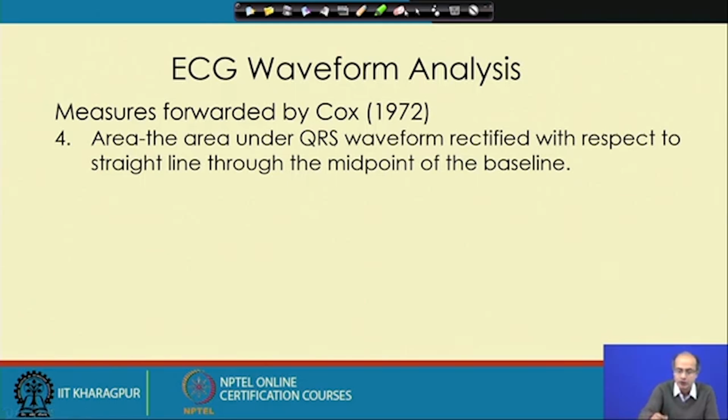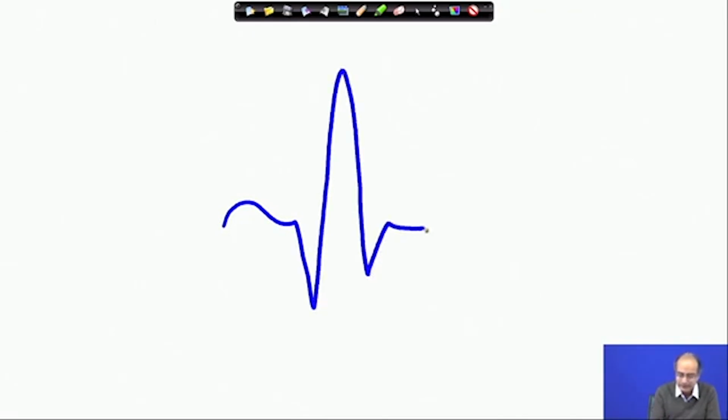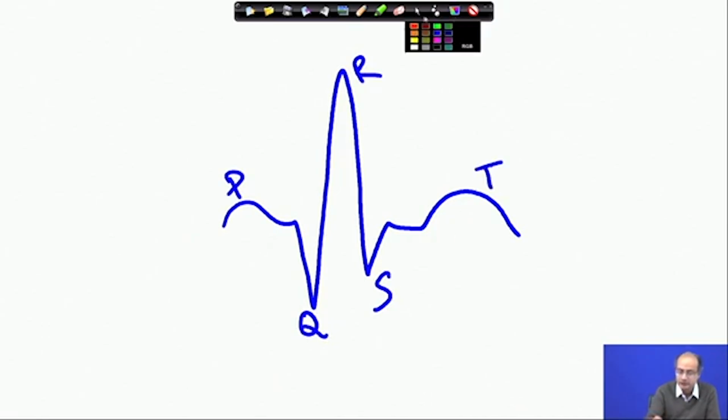What it is suggesting is, if we have a QRS complex, P, QRS, T, and we think of the midpoint of the baseline, then with respect to that, if we rectify this signal, this part should become positive.